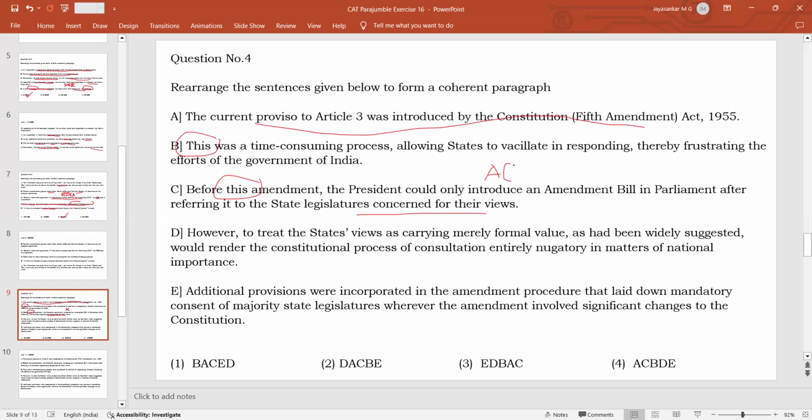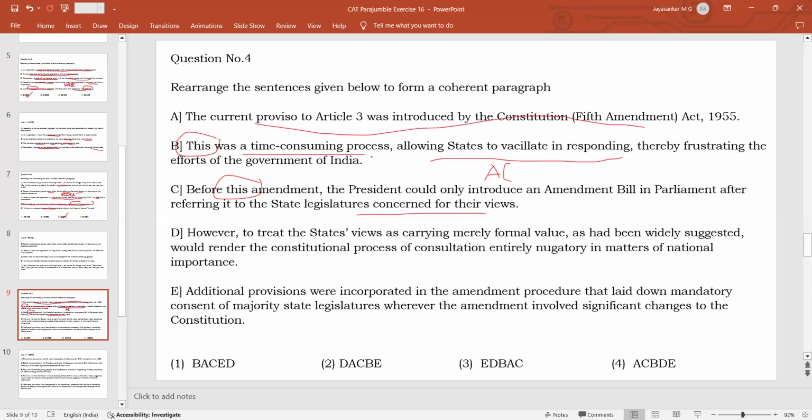So before that amendment, the president could introduce any constitutional amendment only after referring to the state legislatures. Then what will be the next sentence? This was a time-consuming process. The referral to the state legislatures was a time-consuming process, allowing states to vacillate in responding. Why was it time-consuming?